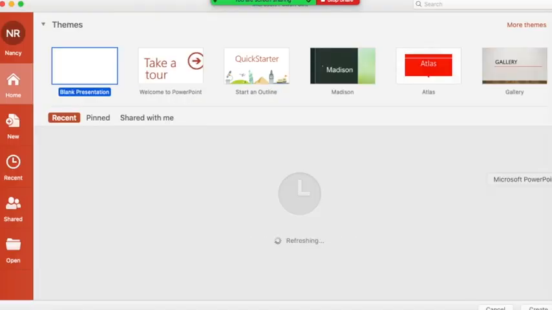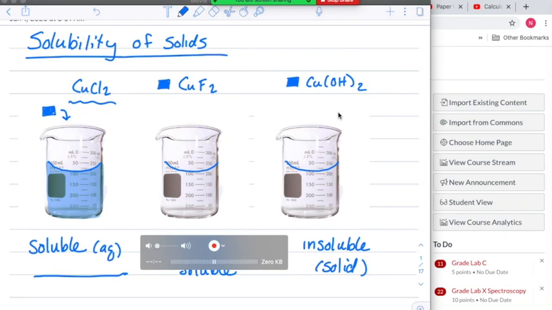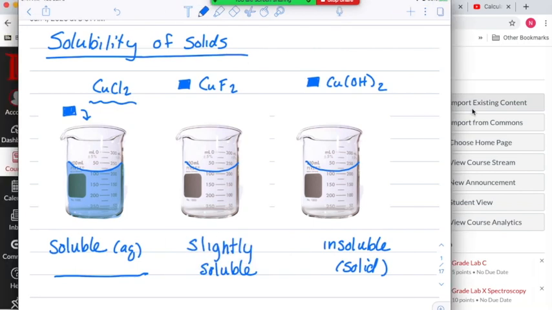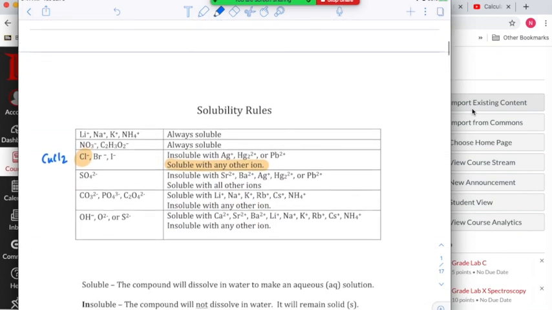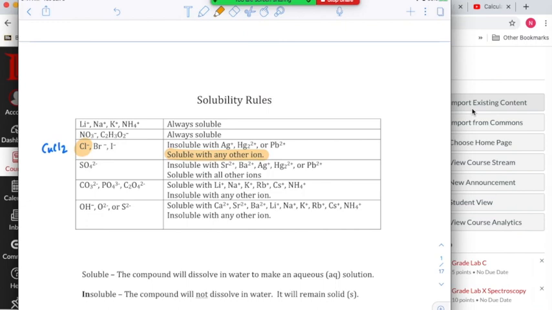So next up, I'm going to jump all the way to the end to where we have our copper hydroxide. Once upon a time, we talked about things being insoluble and we labeled them as a solid. So let's go ahead and look for that copper hydroxide. Again, copper is not listed here, but we could find our hydroxide right here.